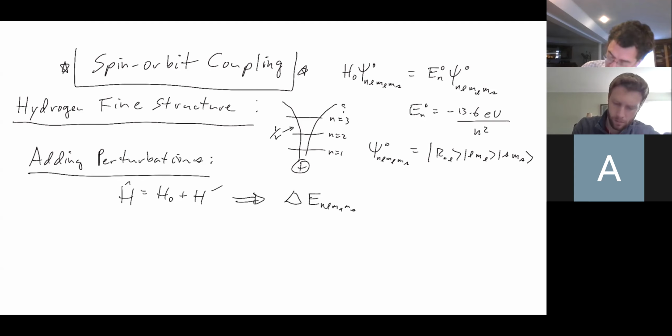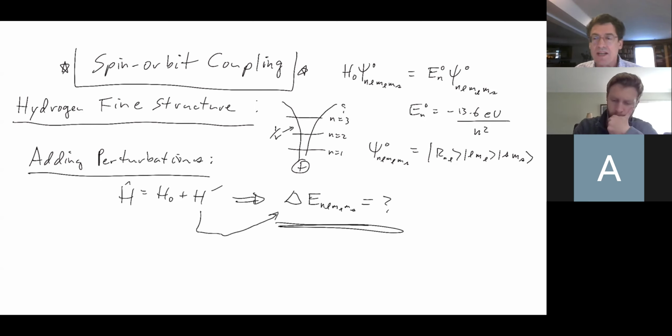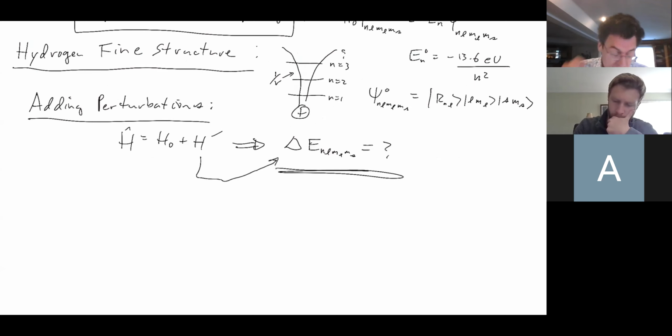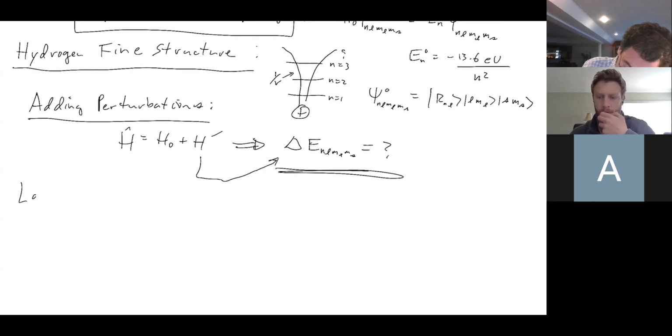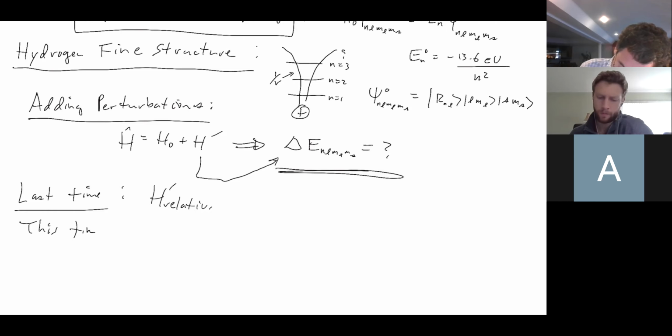Okay, so what is the change in energy due to the perturbation? That is what the hydrogen fine structure is: these changes of energy due to these various perturbations. And so last time we did the relativistic perturbation, H prime relativistic. And this time we're going to do the spin orbit.